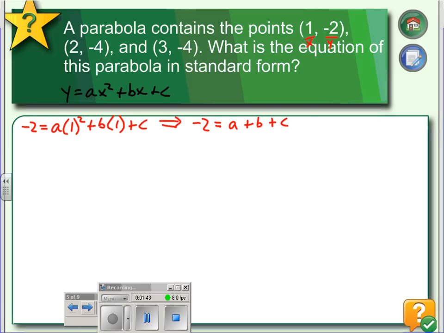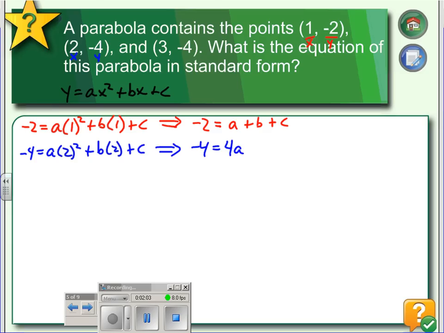Then we will take our next point, (2, -4), and plug in for x and y. So we get -4 = a(2)^2 + b(2) + c. This gives us -4 = 4a + 2b + c, since 2 squared is 4.